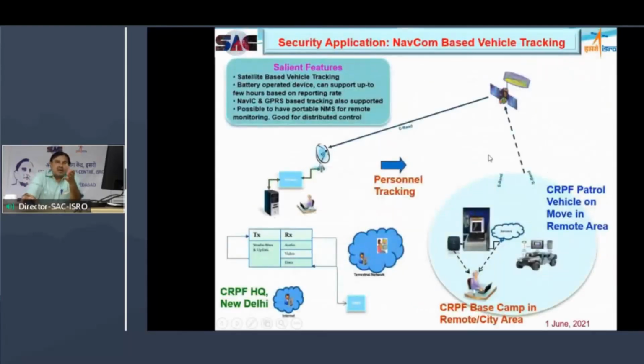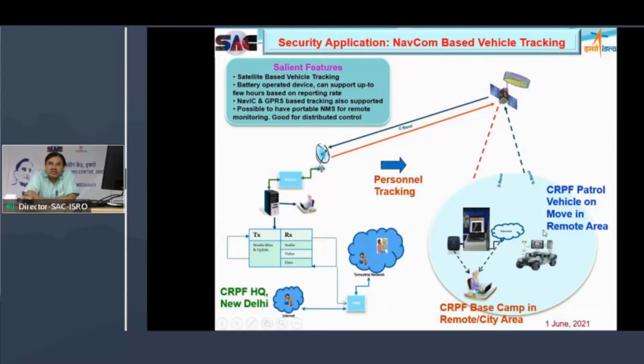Then similarly, in Naxal-borne areas, all of you would have heard in Buxar or in Chhattisgarh and this region, ambushes happen on CRPF patrol parties, and many of our Jawans died. To avoid such a scenario due to Naxalite ambushes, there will be a base camp set up of CRPF or CISF, and again they will carry this terminal and be continuously tracked using our NAVIC and mobile satellite service.